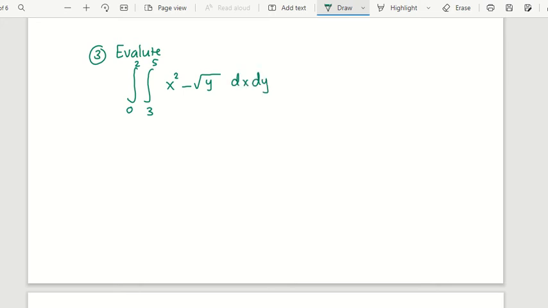Because here we have a function of x square and square root.